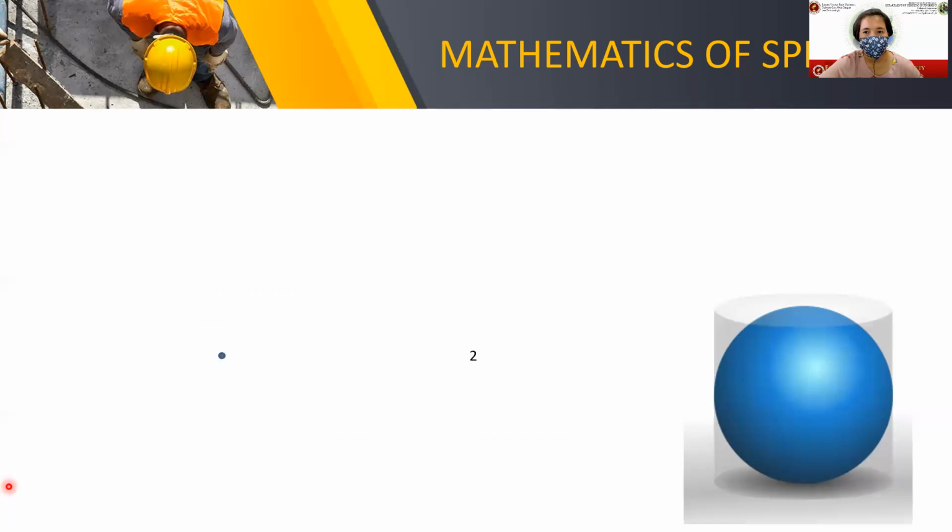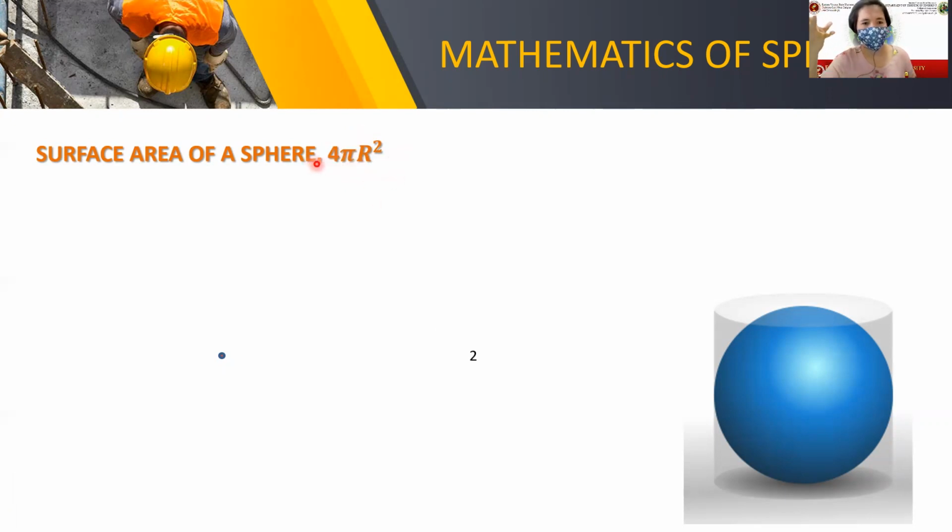Another mathematics of the sphere is computing the surface area of a sphere. Given that the surface area of a sphere is equal to 4 pi r squared, how did they get this value?